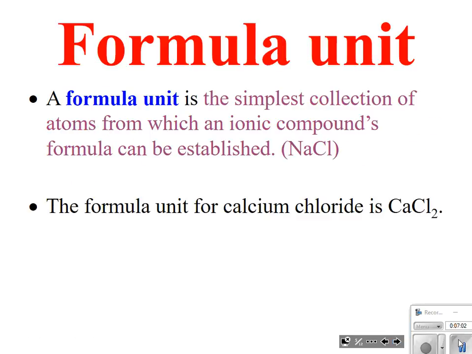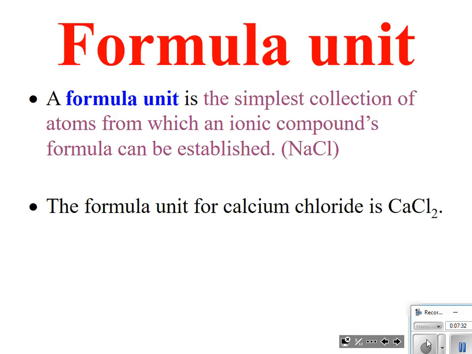Here's some terminology to get down, a definition, a formula unit. A formula unit is the simplest collection of atoms from which an ionic compound's formula can be established. So basically, if we have ionic bonding occurring, we call that compound a formula unit.